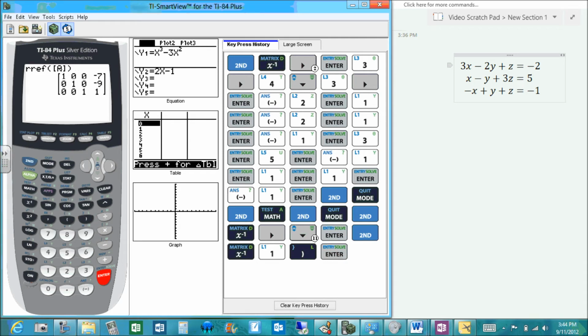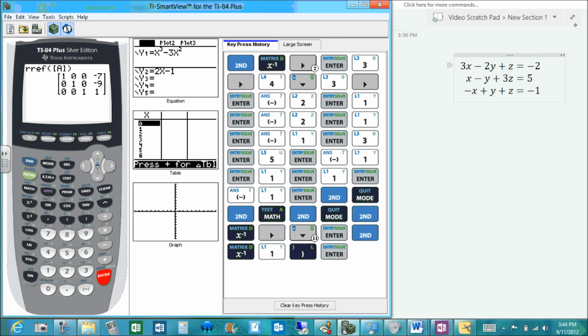Now, this block here, if this system of equations has a unique solution, will always look like this. And then what's going to be written down here are the solutions. So the top one is X, this is Y, and the last one is Z.